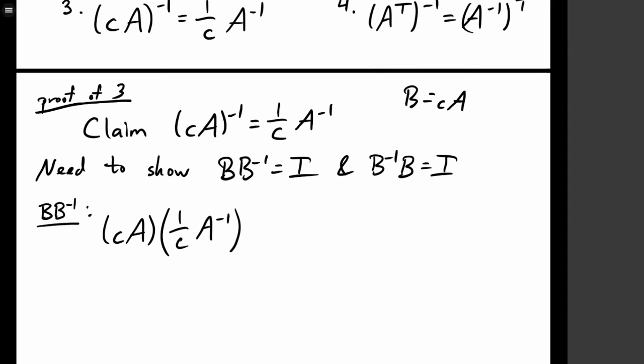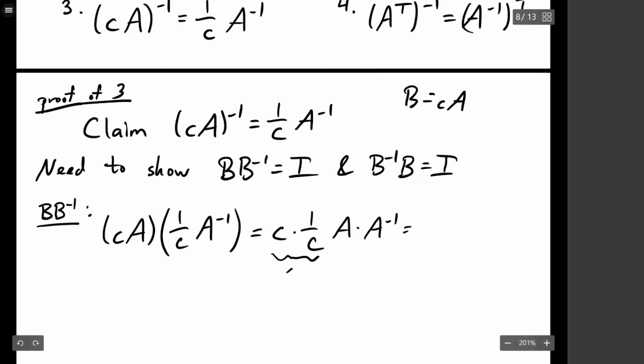Now remember, with scalar multiplication, we can put the scalars wherever we want. So we can do C times 1 over C, and then A times A inverse. But C times 1 over C is 1, and A times A inverse is the identity matrix, so this would be 1 times the identity, which is the identity.